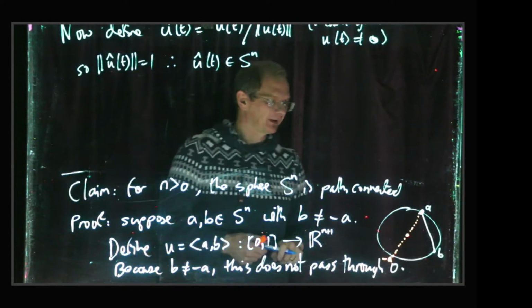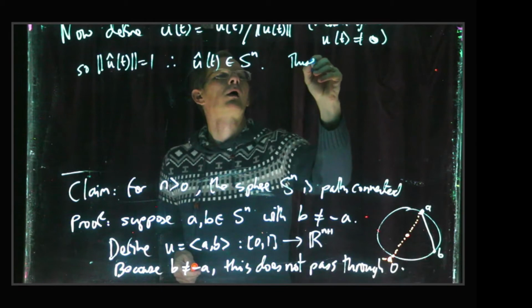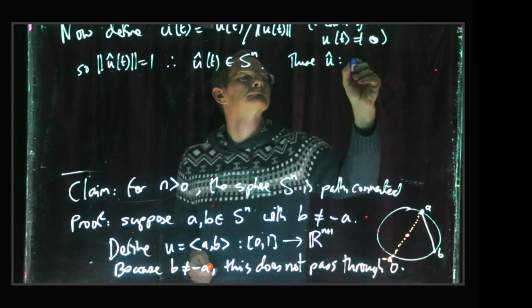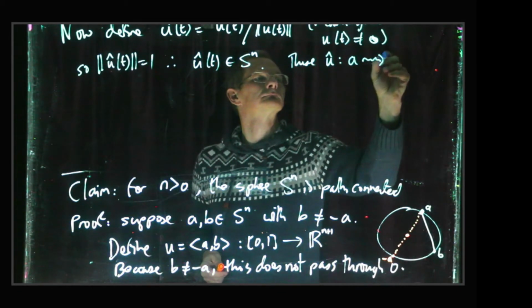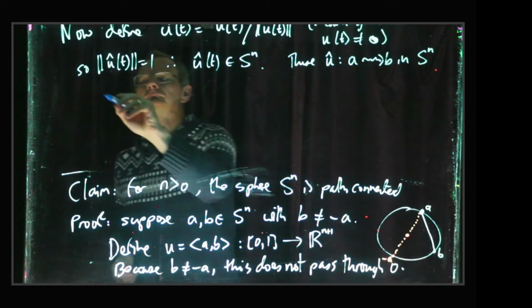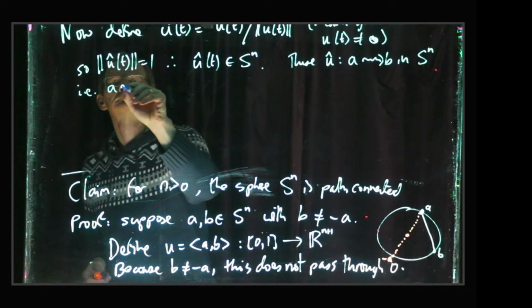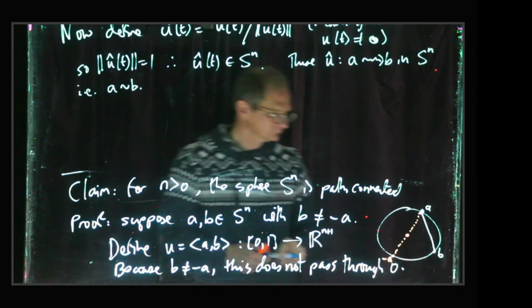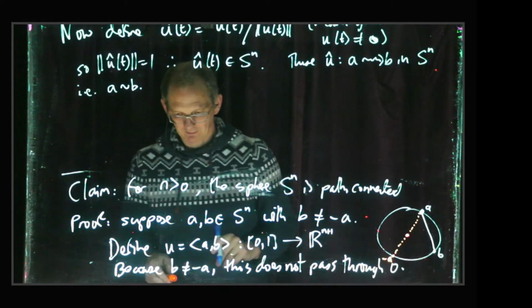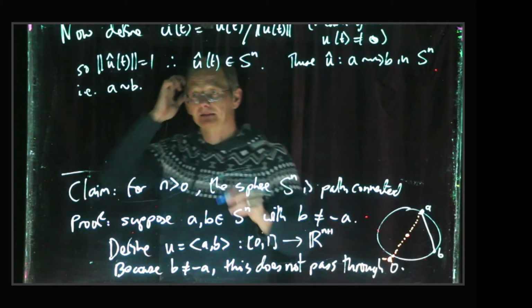So that proves that we've got a path from A to B, except in the case where B is minus A.